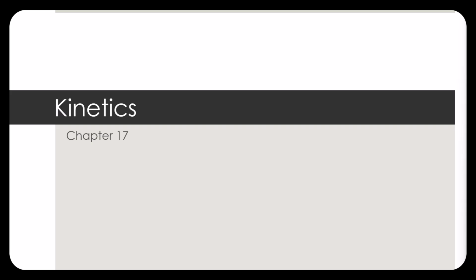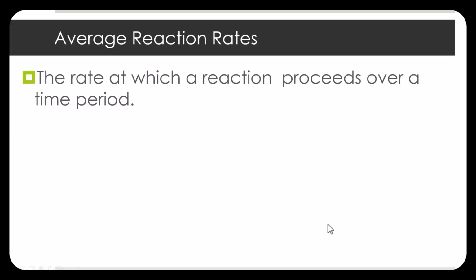We're going to continue our discussion on average reaction rates, and we're going to put some numbers to this. First thing to remember is the average reaction rate is the rate at which a reaction proceeds over a period of time. Just like if we were monitoring our speed, it would be miles per hour.